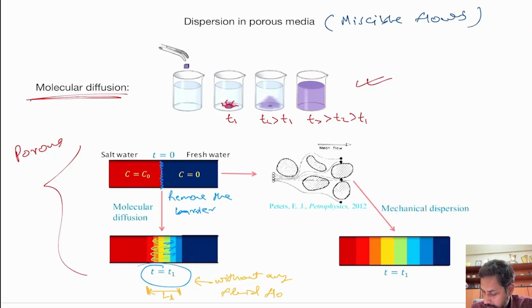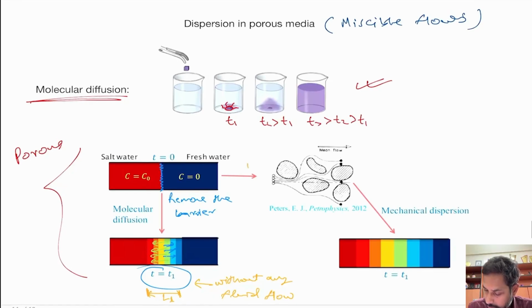But now let's assume that you keep it under flow conditions. If you are providing some flow condition, your complete fluid system is moving, or this porous media saturated with fluid is moving. So there is fluid flow through the medium. What happens in this case is the fluid that is flowing forms different streamlines.